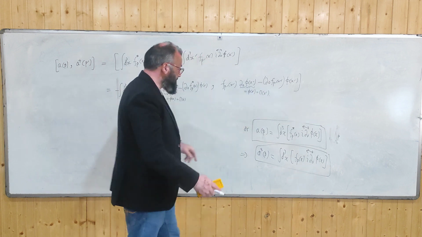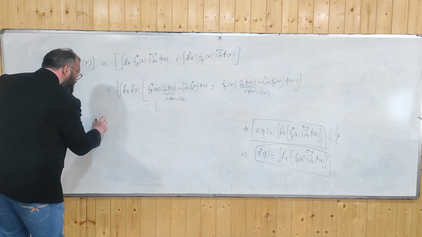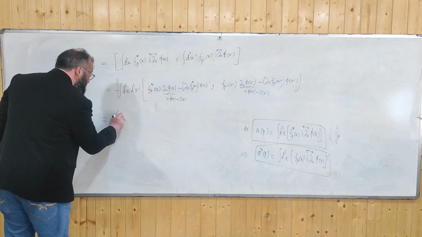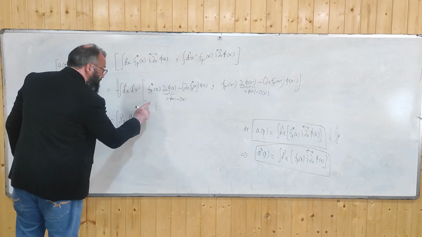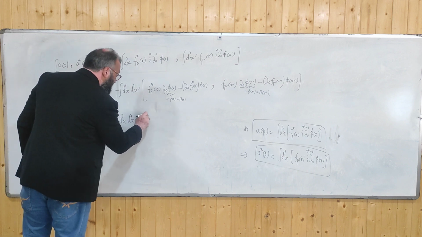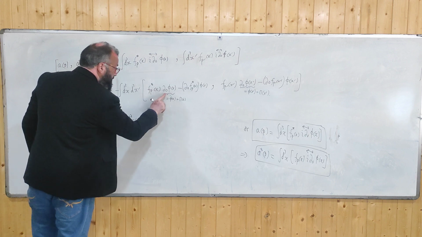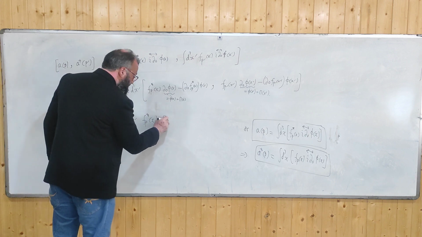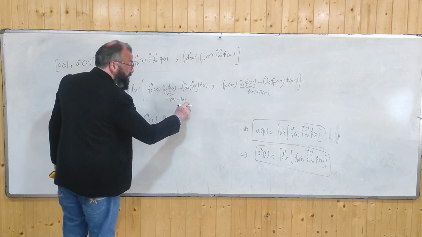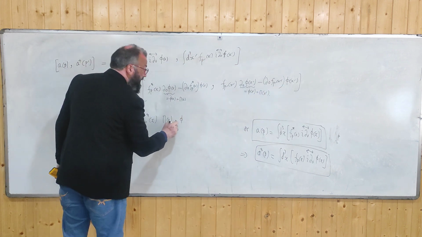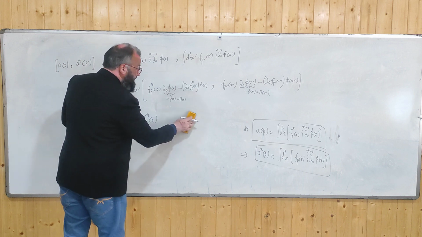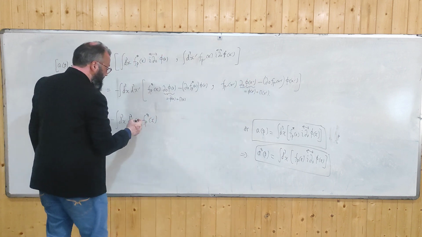Let's write that: minus integral d3 of x, d3 of x prime, f p star of x, pi of x, then the commutator with phi of x prime. Since this is a function, it's a number, it will come out.